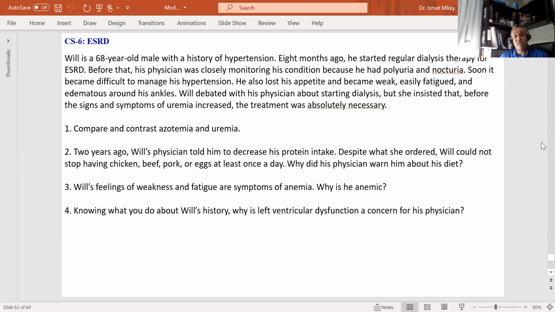In renal insufficiency, the kidneys have difficulty excreting the waste products of protein metabolism. So the waste products of protein metabolism will be retained in the blood, in the plasma, and cannot be excreted by failed kidneys. A low protein diet during this time can slow the progression of the renal failure and decrease the symptoms of uremia. So that's the main reason for the low protein diet in this patient.